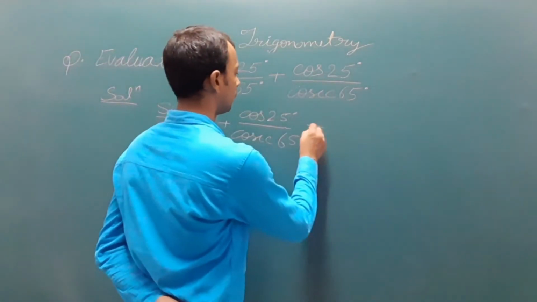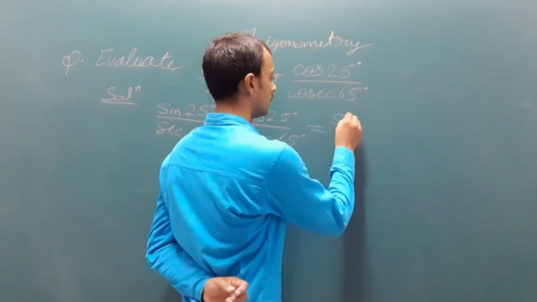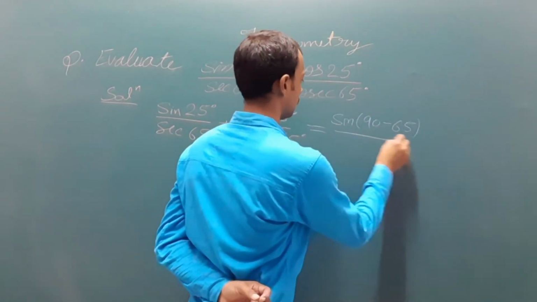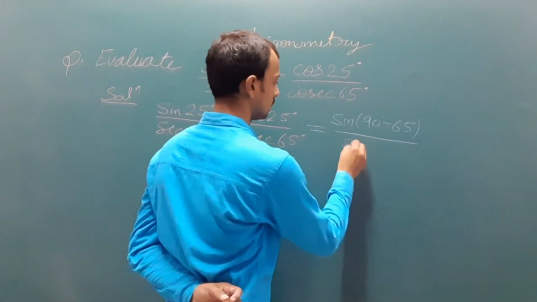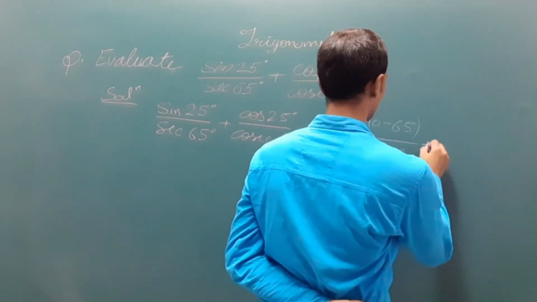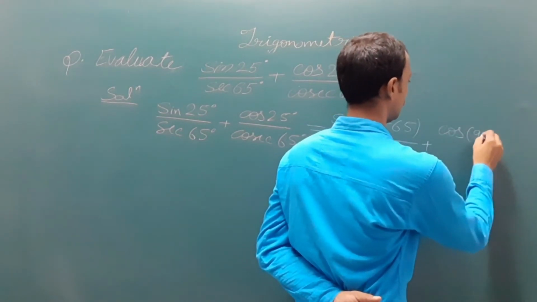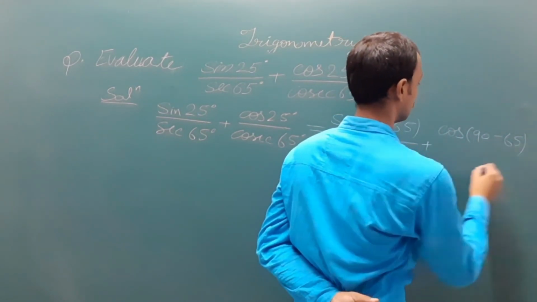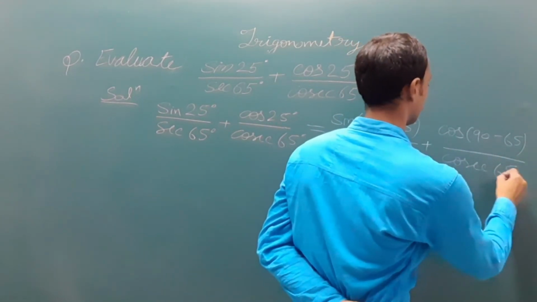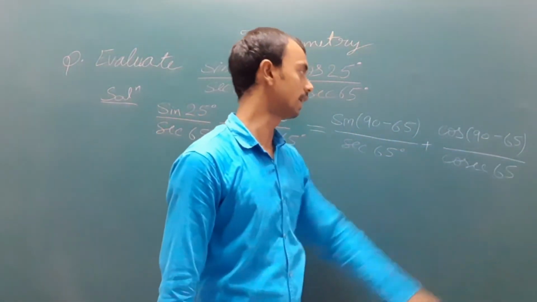Now at the place of sine 25 degree, I can write sine of 90 minus 65 upon sec 65 degree. And further, at the place of cos 25, I can write cos of 90 minus 65 upon cosec of 65. This is sine 90 minus 65, this is cos 90 minus 65.